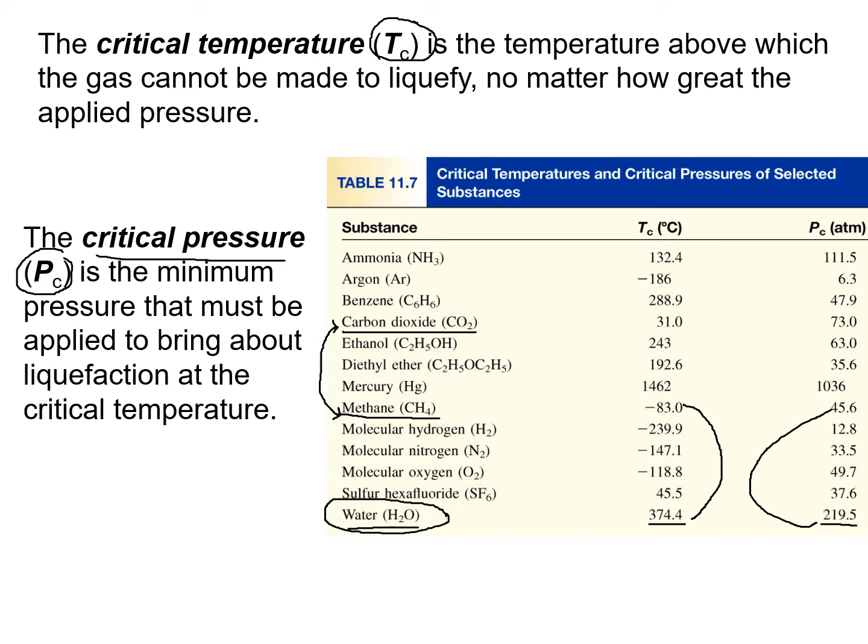So again, methane, minus 183 critical temperature. Carbon dioxide is 31 degrees. So much higher. Why is that? They both only have dispersion forces.